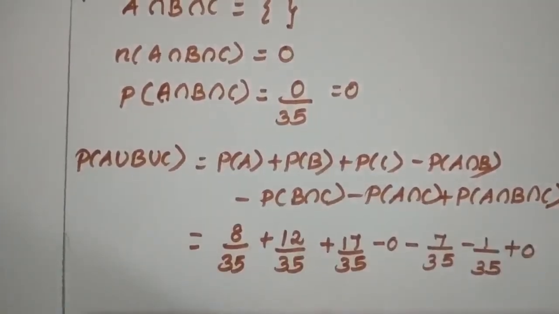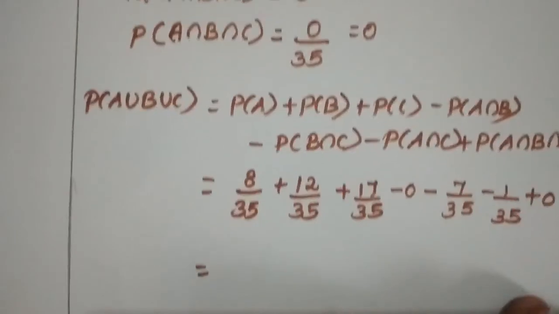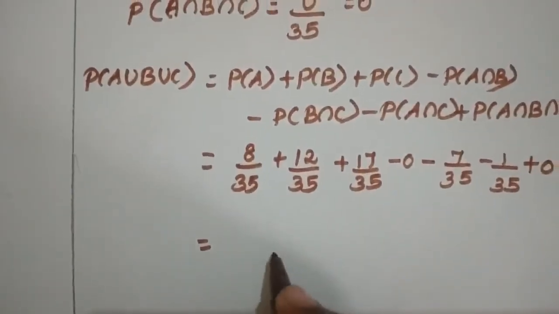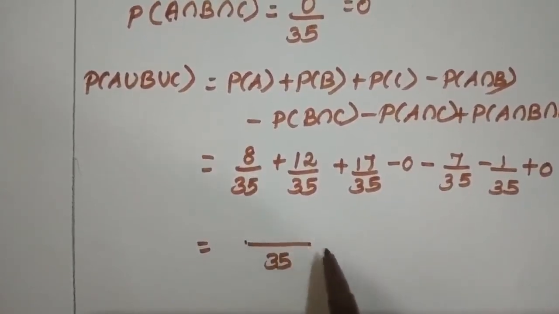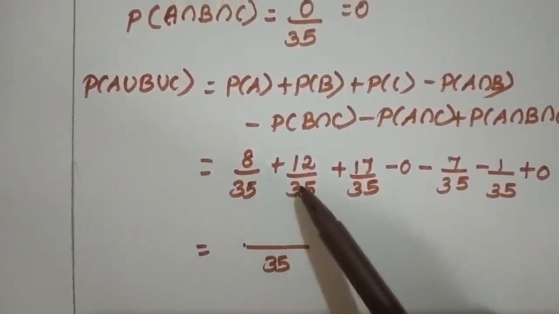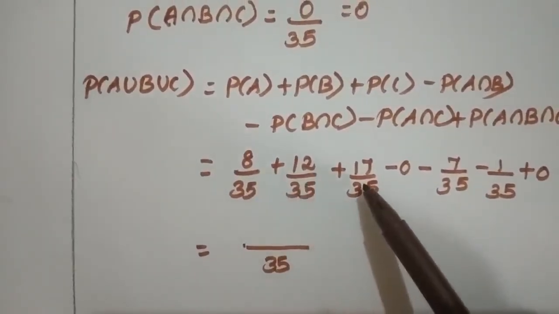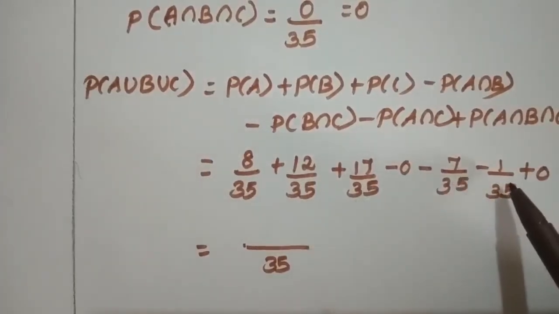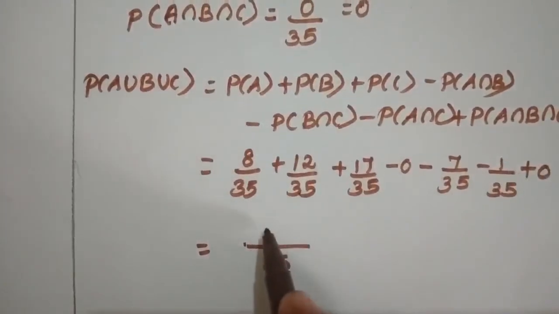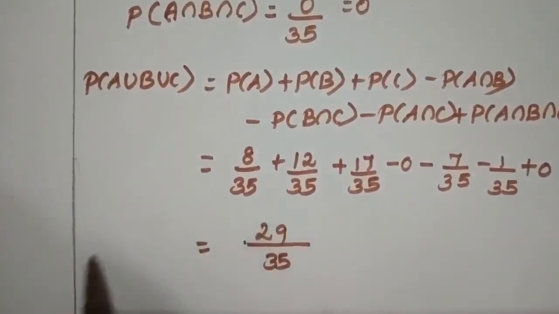So here the denominators are the same. Take the common denominator as 35. I can simplify the numerator. So here 8 plus 12 is 20, 20 plus 17 is 37, 37 minus 7 is 30, 30 minus 1 is 29. So the answer is 29 by 35.